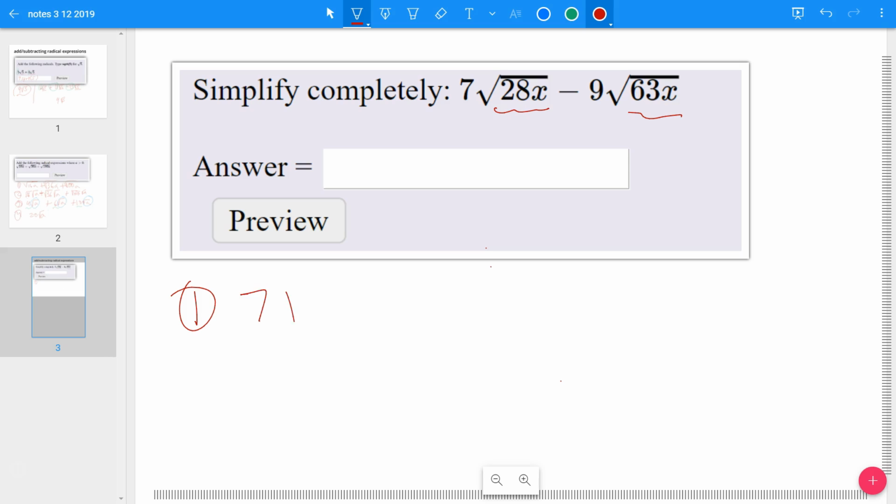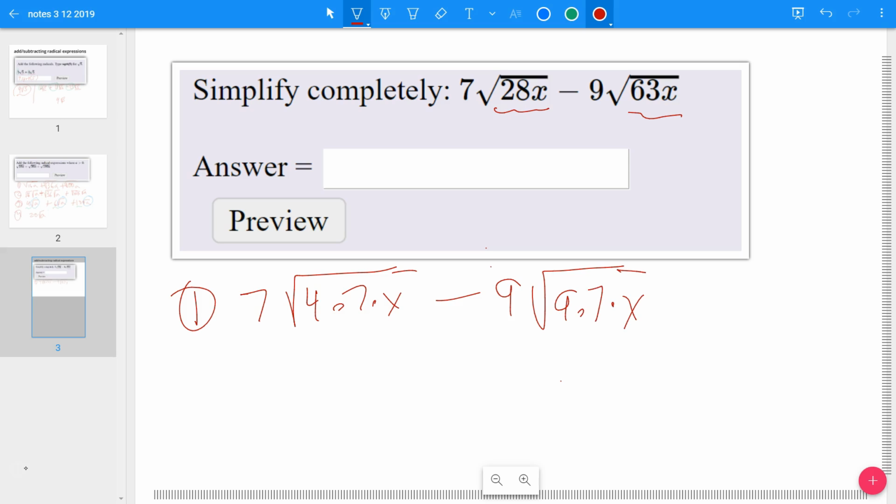I'm going to say 7, and I'm going to rewrite the 28 so that it shows a perfect square factor. It's really the largest perfect square factor that you can find. So 28 is 4 times 7 times x, because 4 times 7 is 28. For the other one, you've got 63. You can rewrite that as 9 times 7 times x.